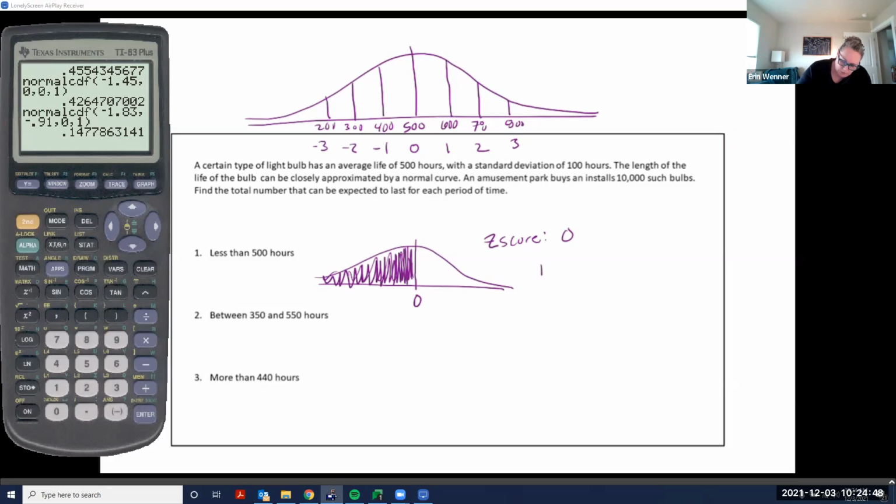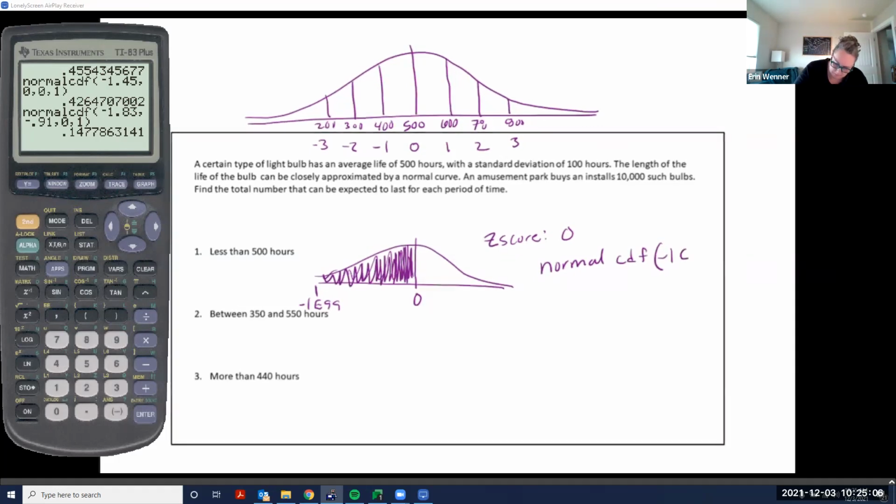So if we do normal CDF, we need to have a minimum amount down here. And down here is where we use -1 times E to the 99, because we want everything to the left of it. We do 0, 0, 1. So we should get 0.5 here.